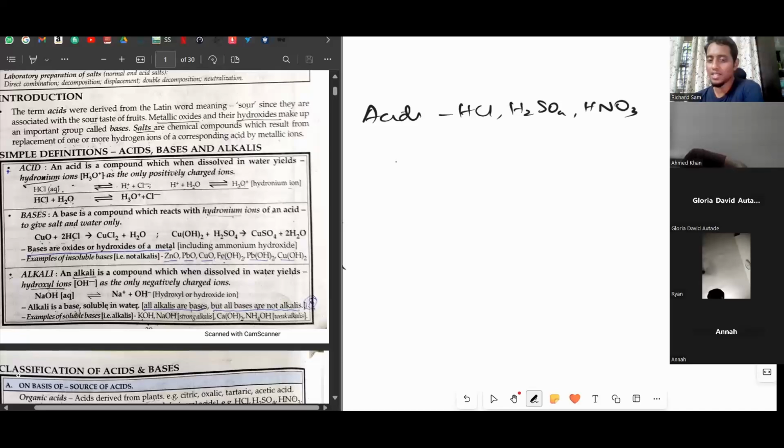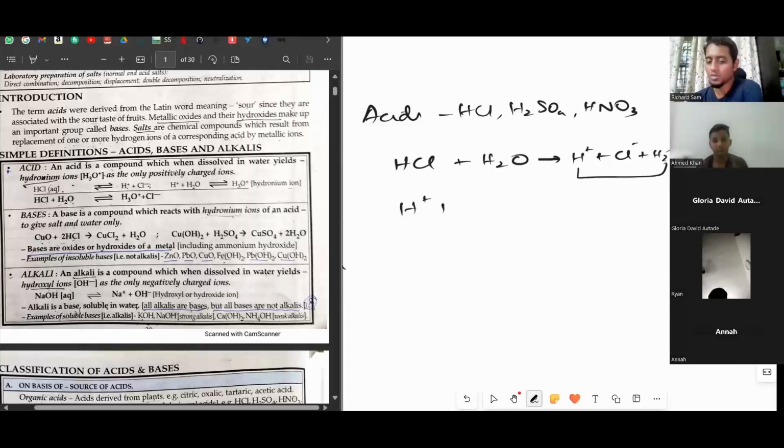So let's take HCl as our example. What does this definition say? If you mix this with water, first the HCl will get dissociated, which means you will have H plus and Cl minus ions. And the H2O is also there. This H plus will join with the H2O and form H3O plus.